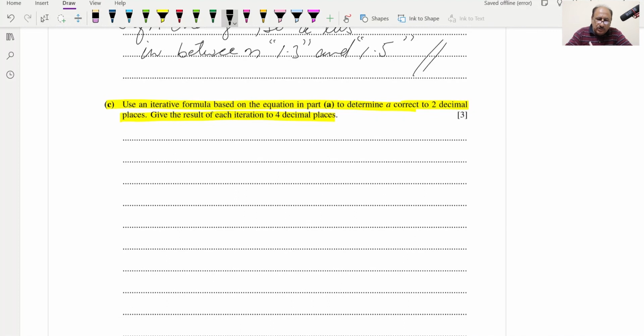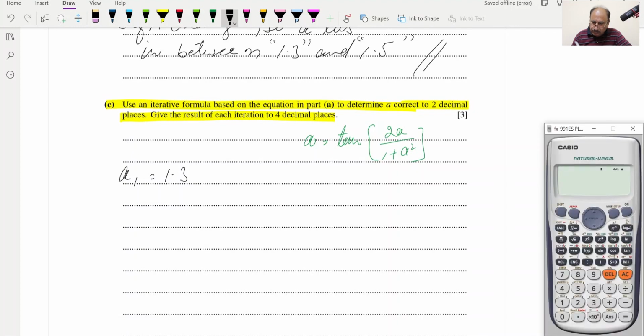The equation we got in part A was a is equal to tan of 2a over 1 plus a squared. This is the equation we will be using, and a1 we have to start with 1.3.